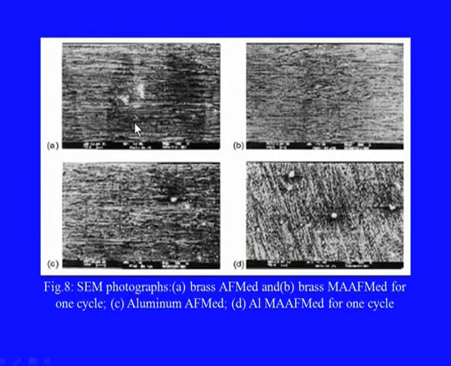This is conventional AFM, and this is magnetically assisted AFM surface, which we can see undoubtedly much better than what is obtained with conventional AFM process. This is true in both the cases, like in aluminum as well as in brass.